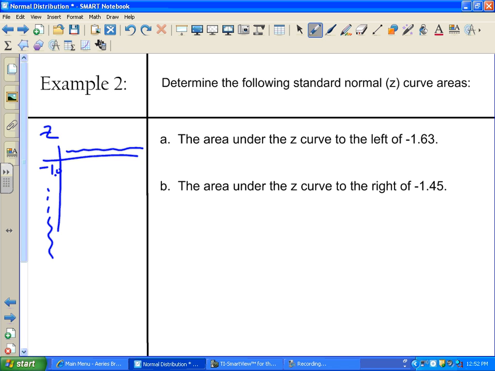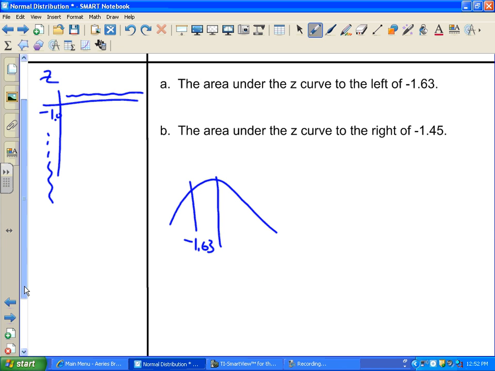You want to find the area. So here's your z-curve. I'm going to draw it a little bit lower. I want to find the area there. And your table goes from left to right. So it will report, if you tell me what negative 1.63 is, that will be the area under the z-curve to the left.